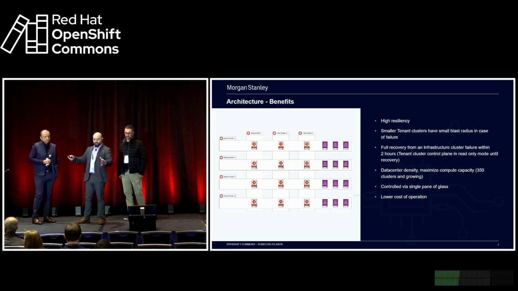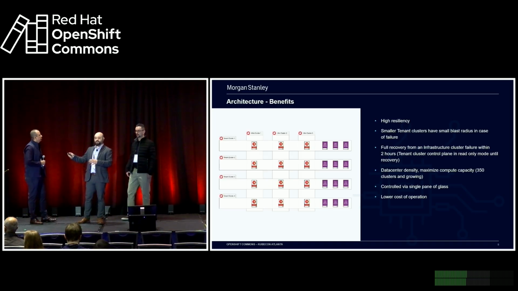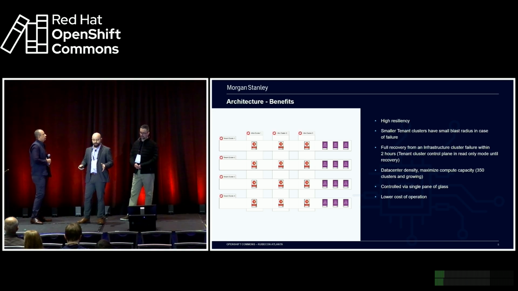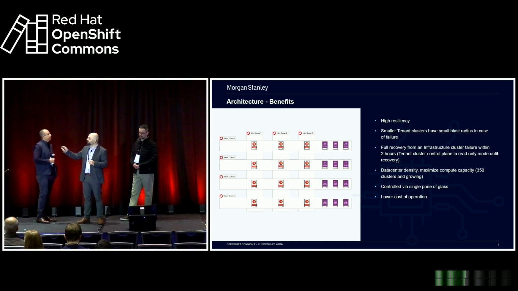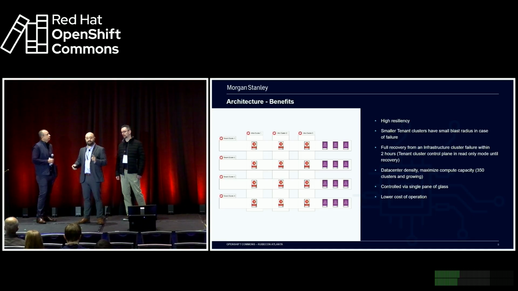So how does it all fit together? The individual infrastructure clusters act as an availability zone. Each tenant cluster control node is scheduled on a different infrastructure cluster. That means that even if an entire infrastructure cluster goes down, the tenants where the applications live lose only a single control node.